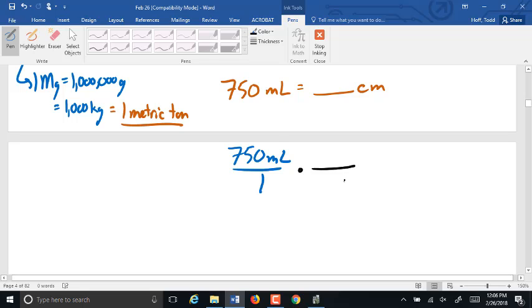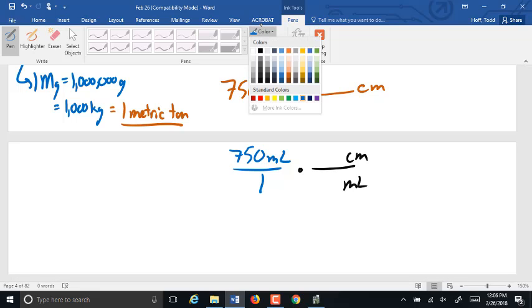And now over here, I'm going to put milliliters on bottom because I want to get rid of milliliters, centimeters on top. And I'm going to relate each of them back to the meter. A centimeter is 1/100th of a meter.